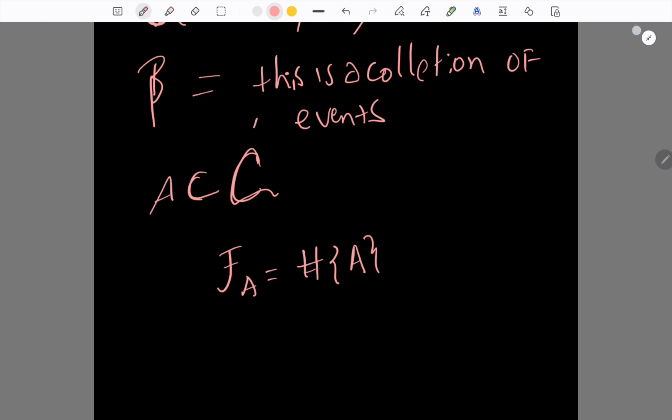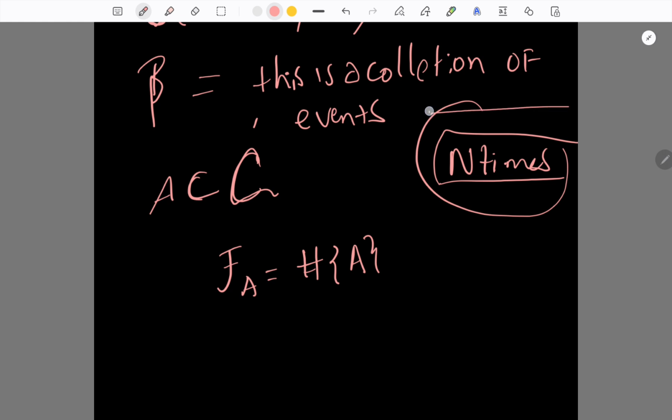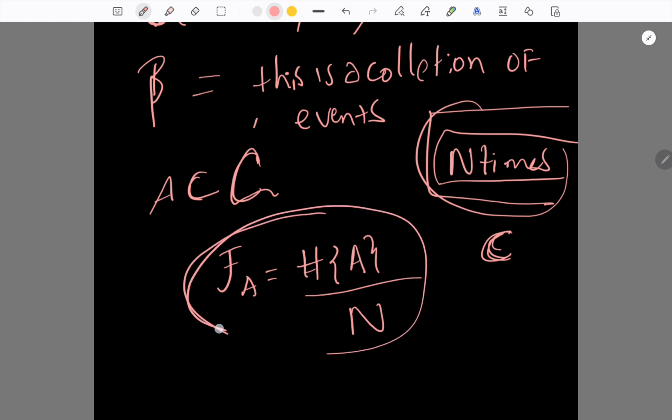This one is the number of times A occurred, so you do different experiments, aleatory experiments, n times, and in that sample space A occurs, so you can define that function.